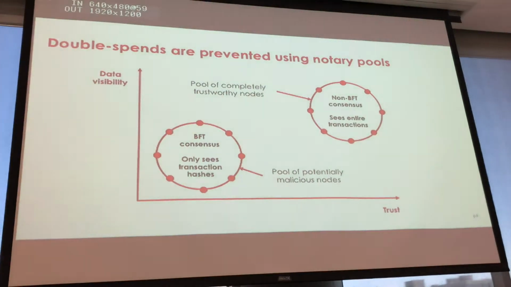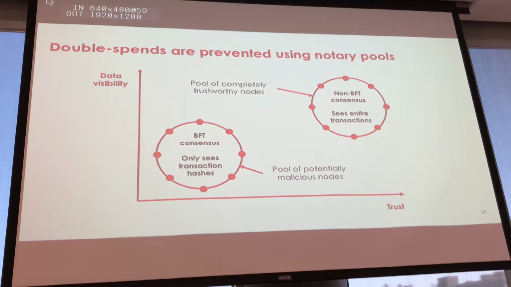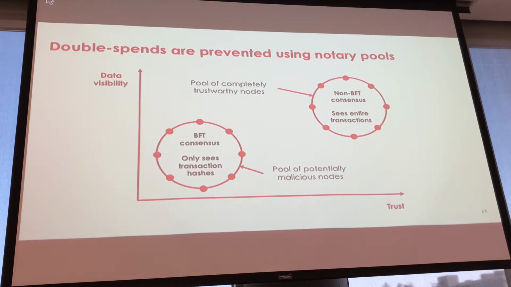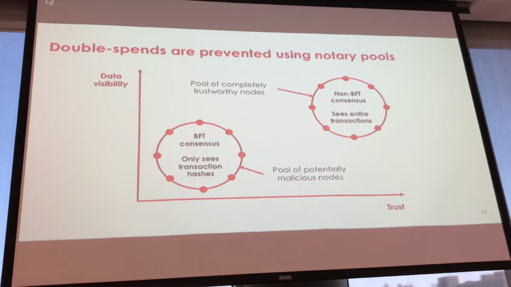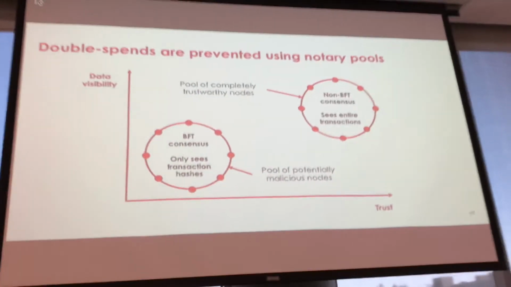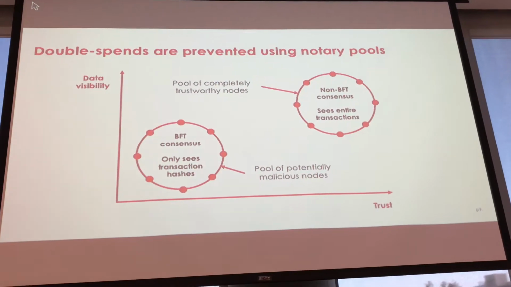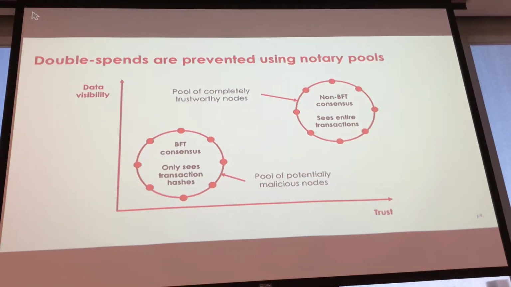But the way it works in Corda is you have notary pools on the network, and they can use any consensus algorithm they want. So if you had an atmosphere of extreme trust, so if you're very trusted, you're willing to see all the data, then you can run almost like a single node or a pool of mutually trusting nodes. And so that would maybe be a regulator or some kind of central bank who sees the information.